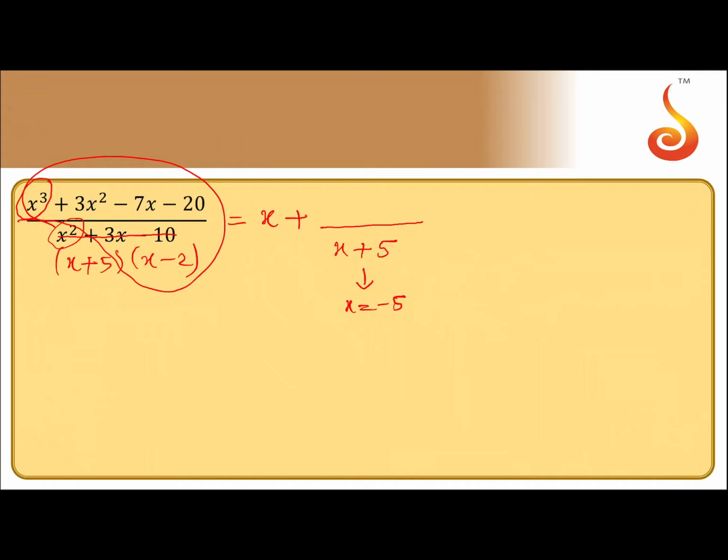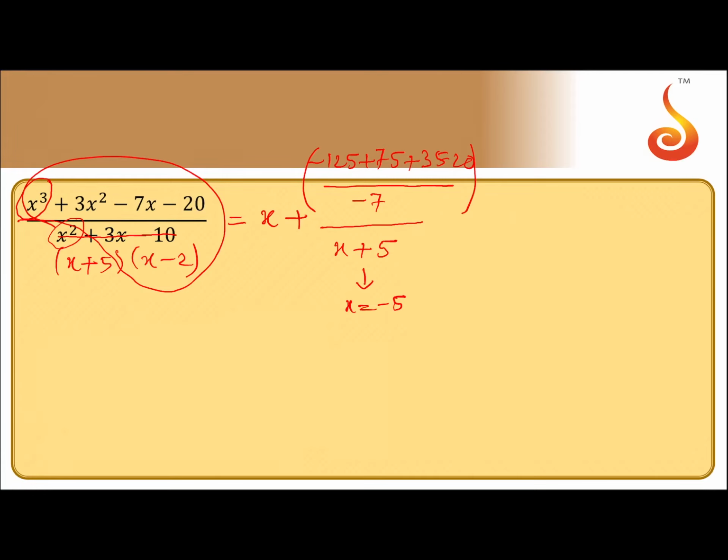Minus 5 when you substitute in the numerator: minus 125, and minus 5 whole square, 25 threes are plus 75, 5 sevens are plus 35, minus 20, divided by the denominator minus 5 minus 2, minus 7.